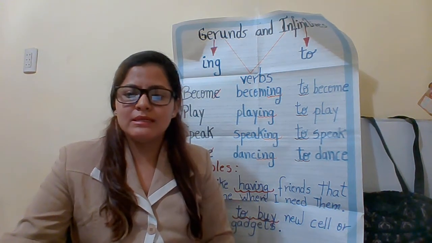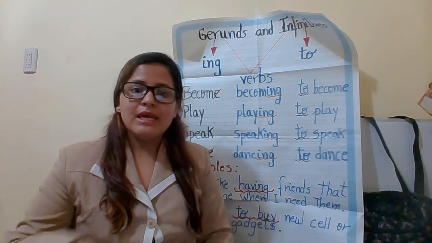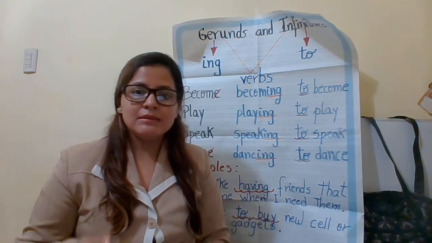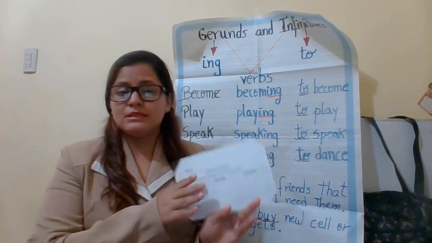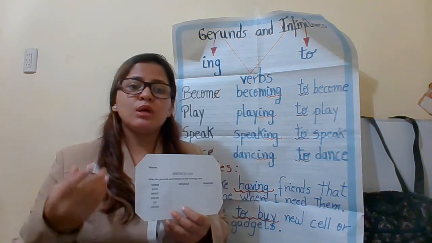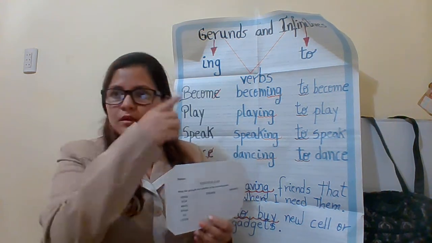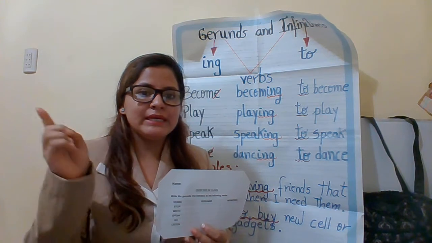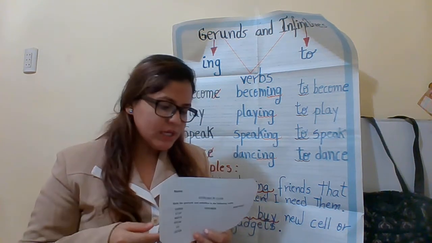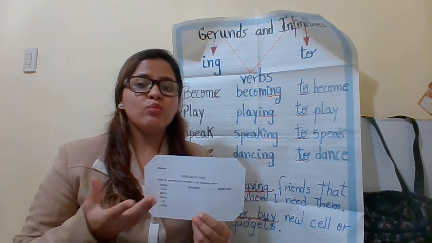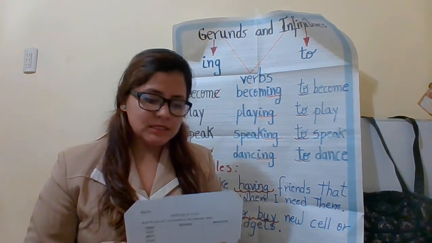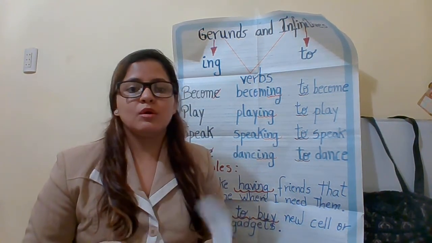Number 7 is guided practice. A student develops an activity about completing a worksheet. The teacher walks around the class monitoring this activity. At the end, check the answers with all the students, all the group.